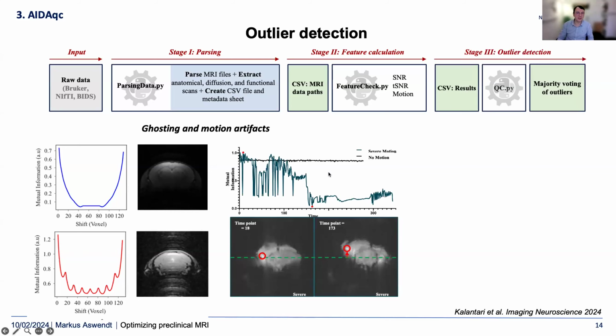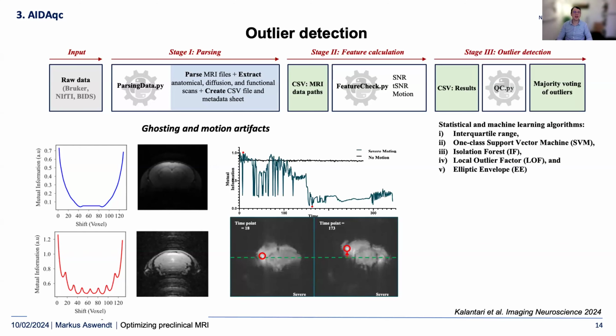All right, and all of this is compiled into CSV files again for results, and then we come to the judgment. The judgment is done by combining statistical and machine learning algorithms. It's 5 of them. For the sake of time, I won't read them because I also don't have the time to explain all of them.